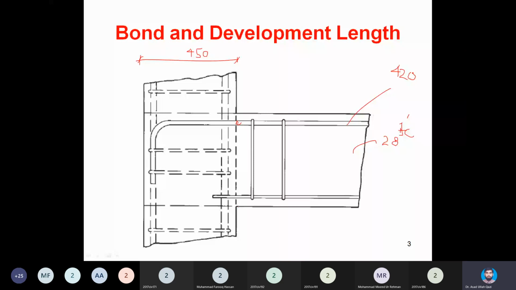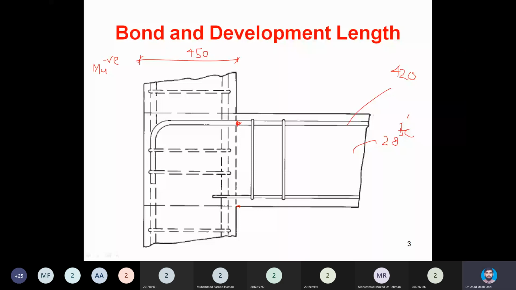Now imagine that you require yielding at this section at the face of the support, AsFy into lever arm, crushing on the compression side. So against Mu negative, whatever the value is, you have done this design so that this steel will be at Fy with the lever arm. This is how you do the design.